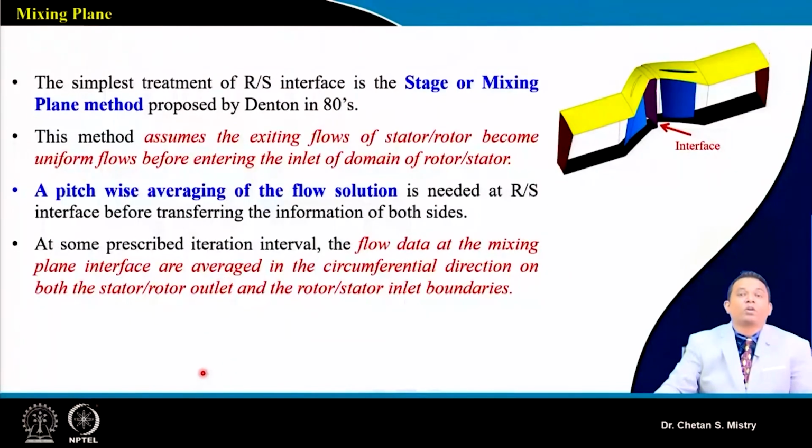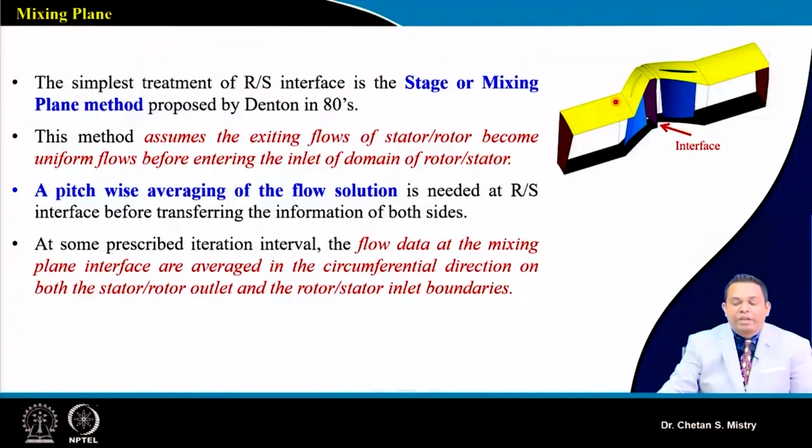So let's try to look at what we mean by the mixing plane approach. This is the simplest way of analyzing the interface between rotor and stator. What it does is assume the exiting flow from the stator or rotor, suppose I have an inlet guide vane before my rotor, or maybe I will be having a rotor.